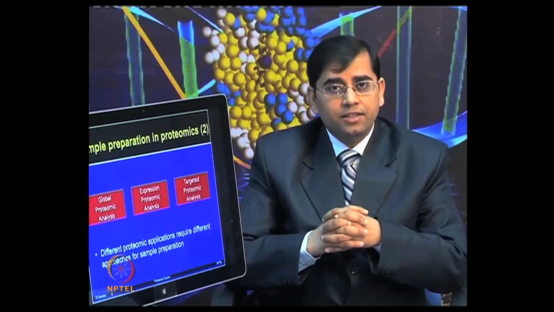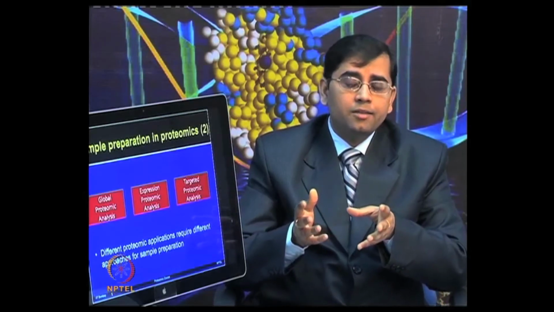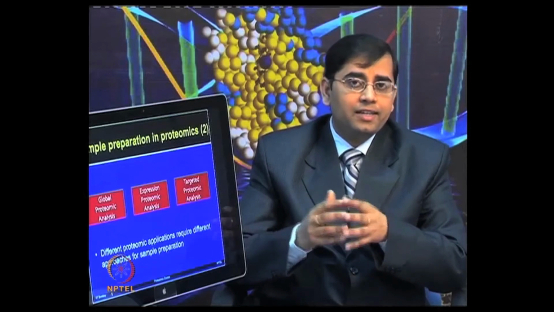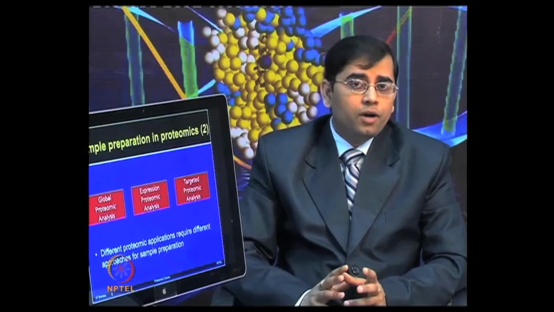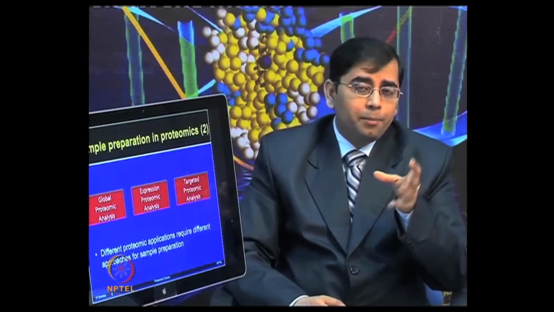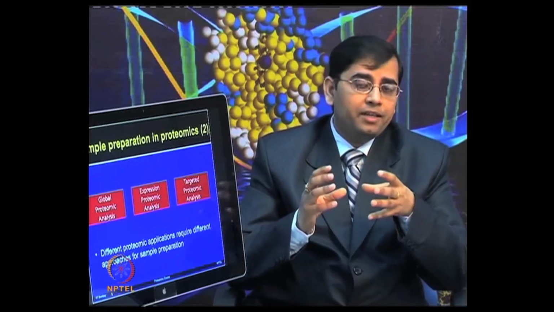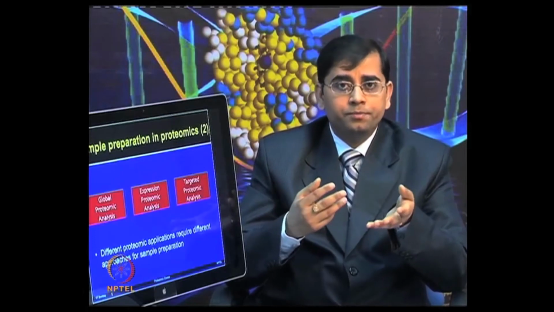The protein expression analysis is most commonly used for various types of clinical and other studies. Targeted proteomic analysis is when you are very focused on a given organelle or a given sample type, and you would like to know what is happening in that particular proteome, for example, the mitochondrial proteome.